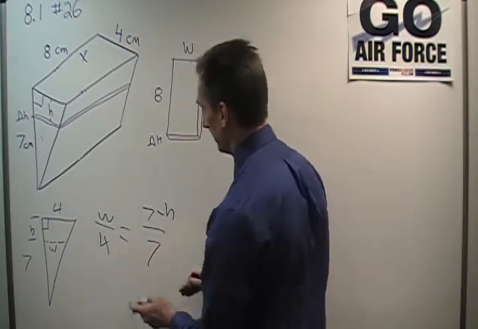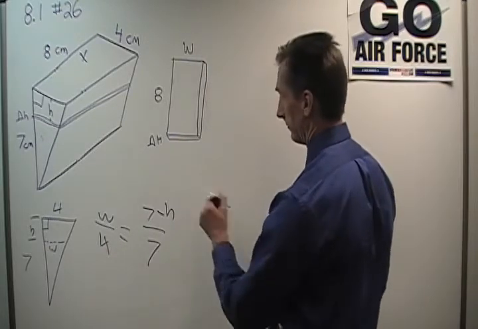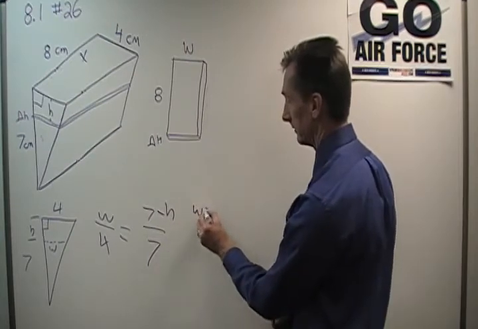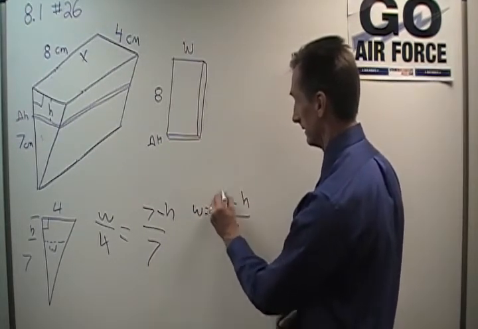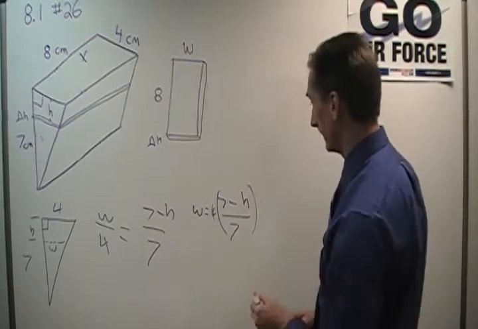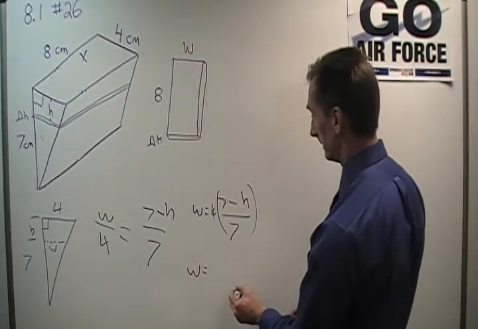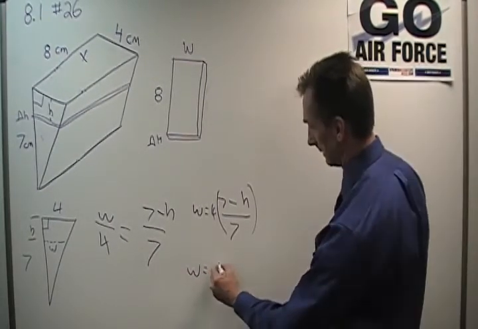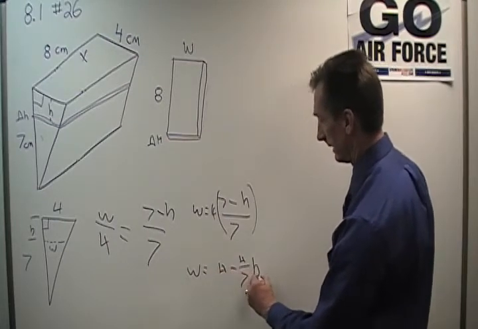Okay, so now I have a formula that I can work with. I can solve for w. So w is equal to (7 minus h) divided by 7 times 4. Let's just do a little algebra here, and I can simplify this. W equals 4 minus 4/7 h.